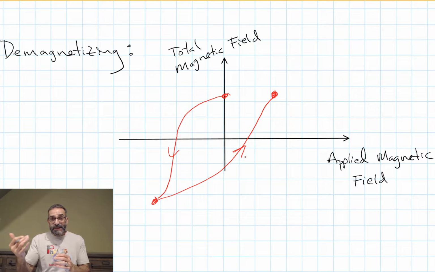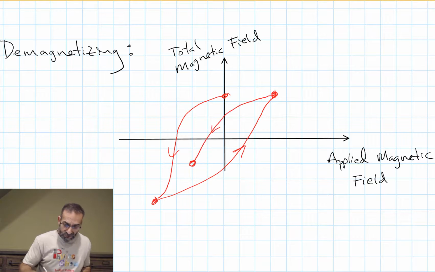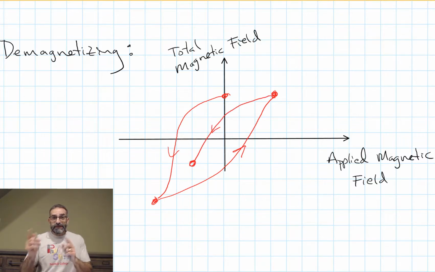So we leave some of the domains in the original orientation, and we flip some. And we keep flipping our external field back and forth and reducing the strength each time. So every time it causes domains in our piece of iron to flip, we're leaving some behind.